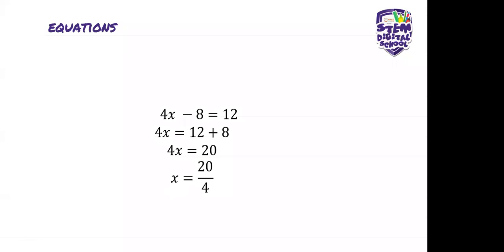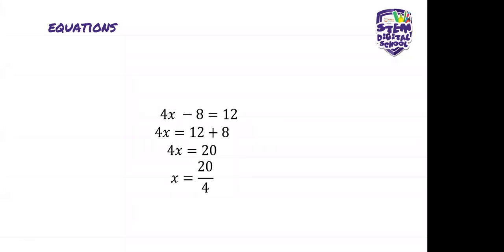And of course, if you divide 20 by 4, you will get a 5. In other words, x will be equal to 5. That will be the value of x. So the value of x in this case will be 5. So x is equal to 5.